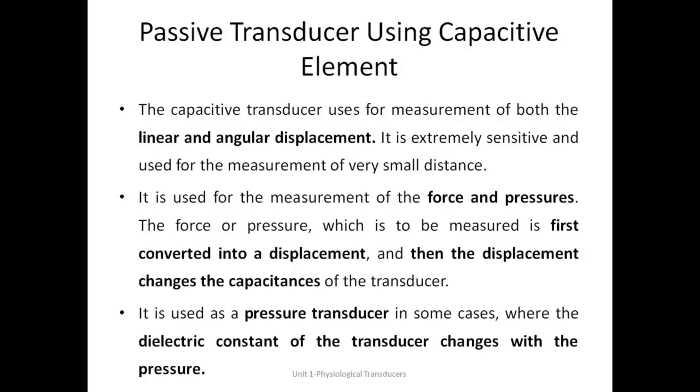When you apply pressure to that element, because of certain internal atomic changes, the dielectric constant changes. So that kind of element can be used directly as a pressure sensor: when pressure is applied, the dielectric constant changes and correspondingly the capacitance changes.